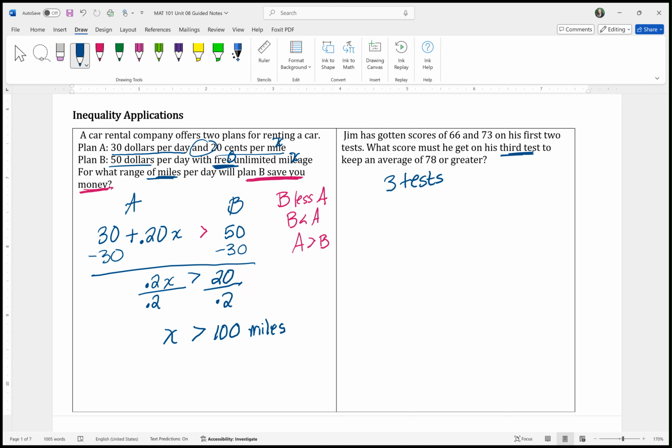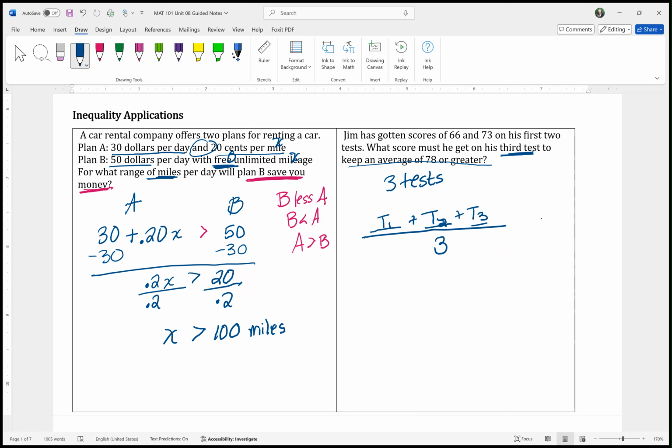So here we are going to add 3 things up. Test 1 plus test 2 plus test 3 and divide by 3. Now we'll fill this in a second. Okay, and then we want all of this, what did the problem say? To keep an average of 78 or greater.